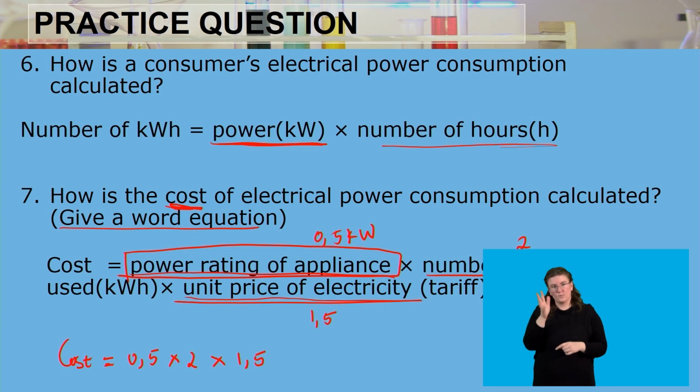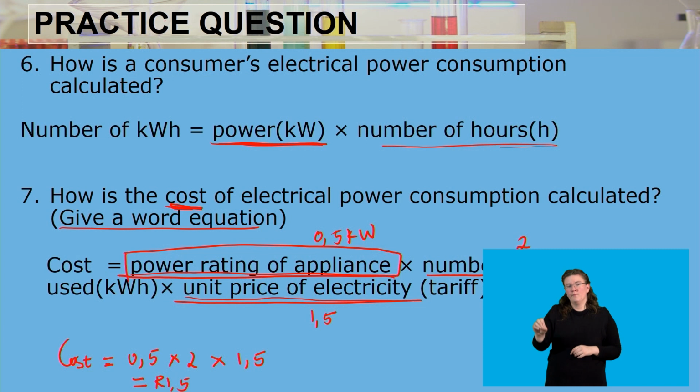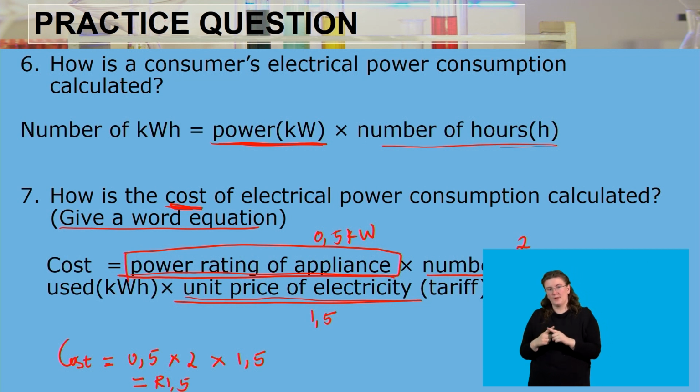That is going to give you 1.5, which is your 1 rand and 50 cents. Just to double check, 0.5 multiplied by 2 and then multiplied by 1.5 should give you 1.5. Yes, it does give you 1.5.